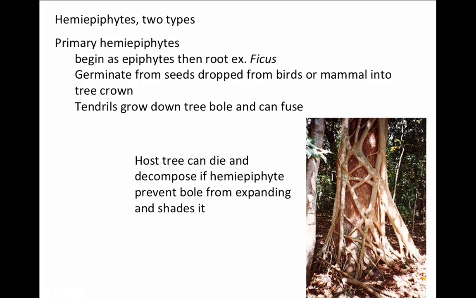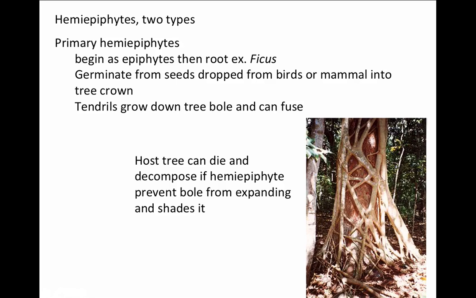But as they continue to grow, they create tendrils that grow down. And they're going down the tree bole. These tendrils can fuse, and they're making their way to the soil where they can get more nutrients and water. And most famous, and what you see pictured here, is the strangler fig or the ficus.